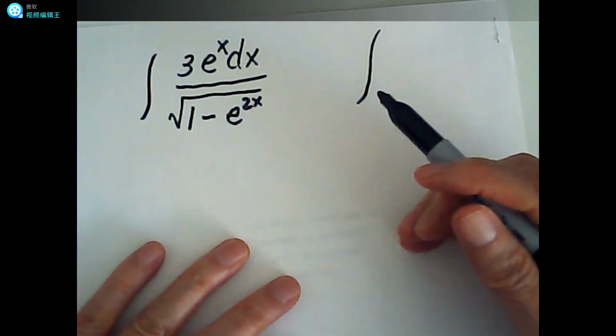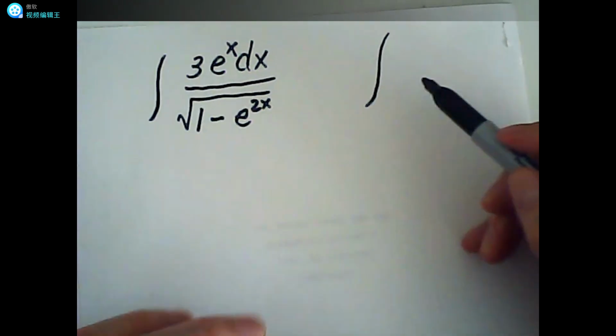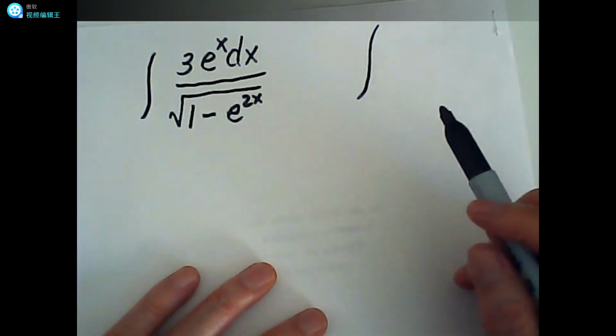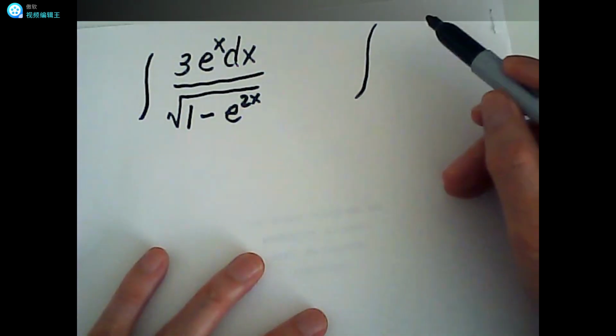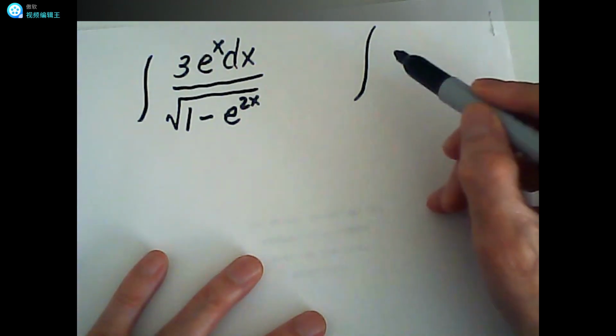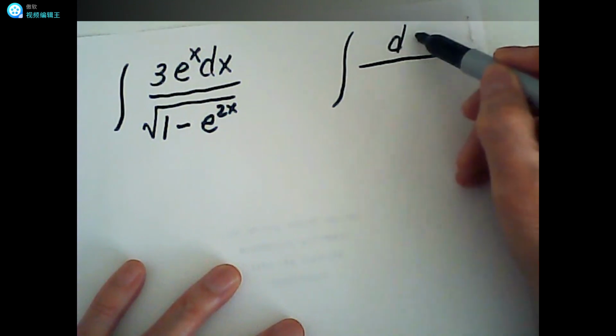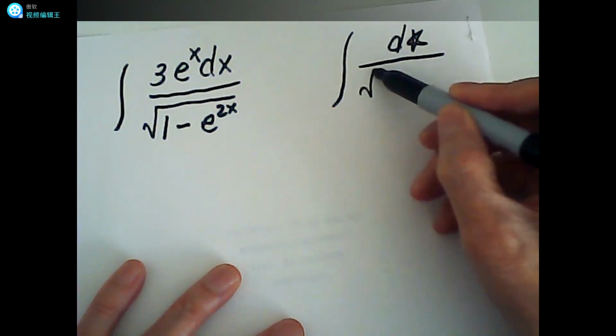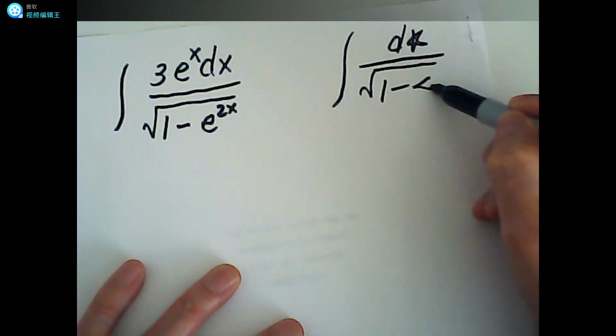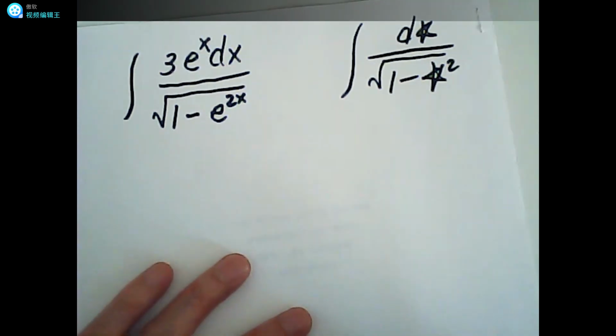So, I hope that we have this in our mind, that is d something over square root of 1 minus something squared.